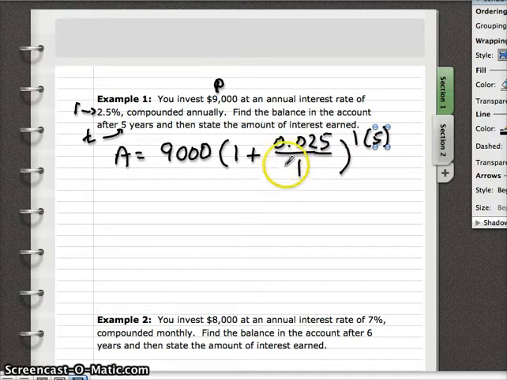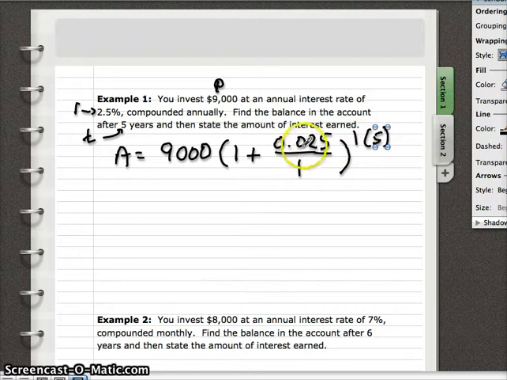I always recommend working inside out, and your calculator should handle it if you do it one step at a time. Do this division first, then add 1 to that, and then raise that value to the 5th power. That makes it a lot easier.